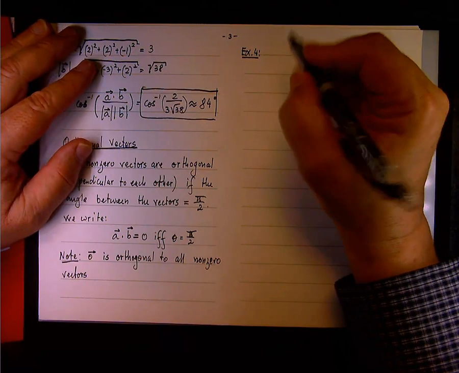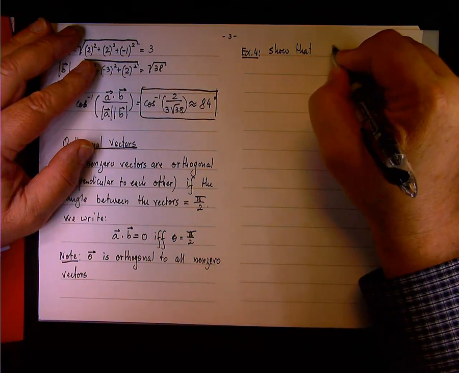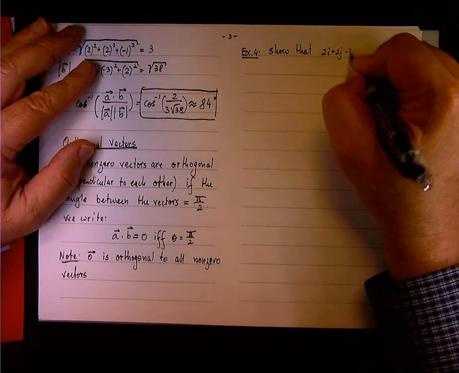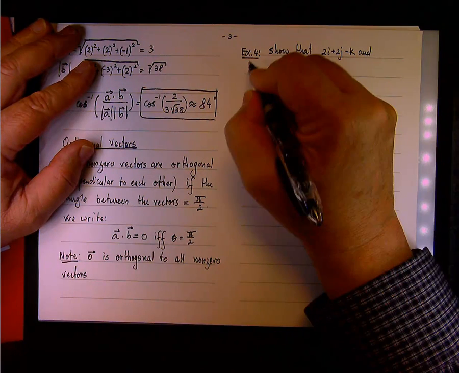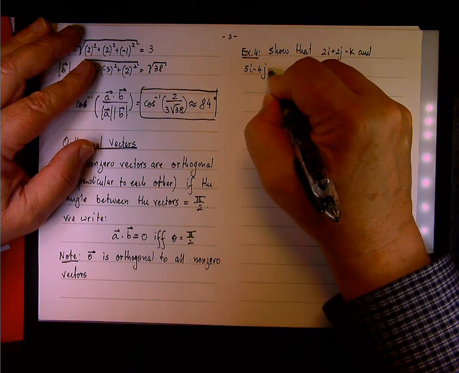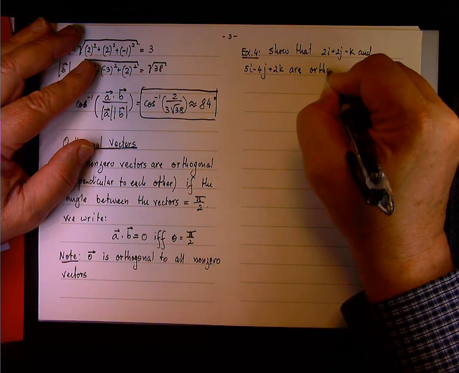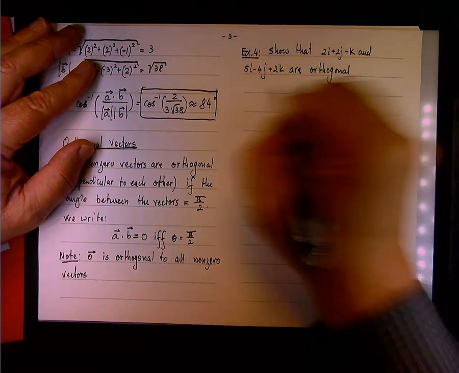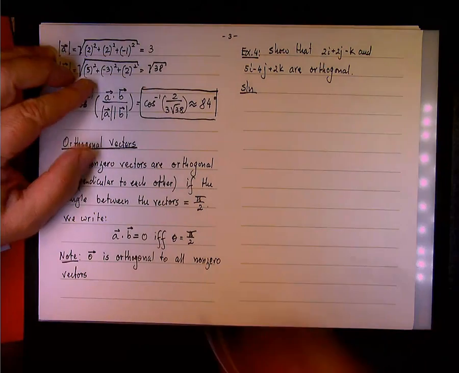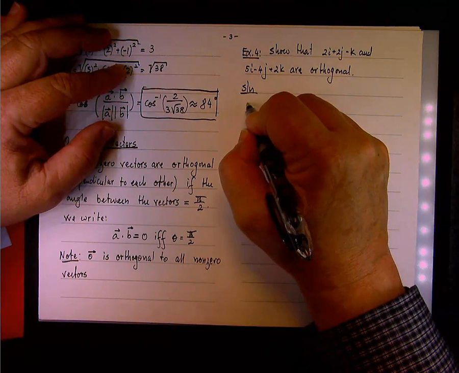In example 4, we need to show that two vectors are orthogonal: 2i plus 2j minus k and 5i minus 4j plus 2k. Okay, the solution, pretty straightforward. All we need to do is dot product these two.